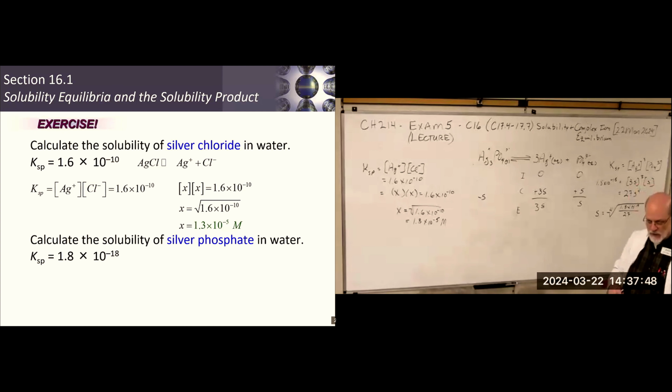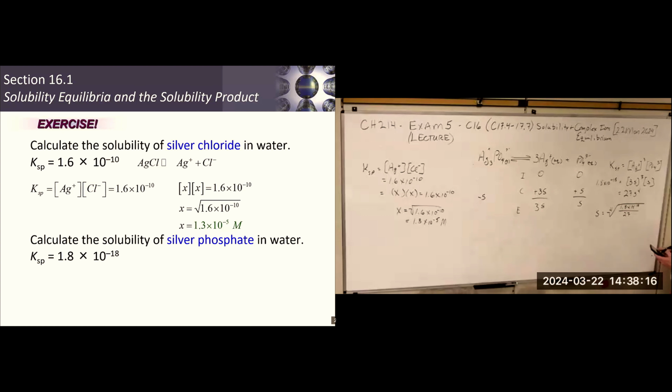Okay, so where's my calculator? I'm going to do 1.8 times 10 to the minus 18, then divide by 27. Now how do I do the 4th root in my calculator? It doesn't have a 4th root, so the 4th root is like the value to the 1/4 power.